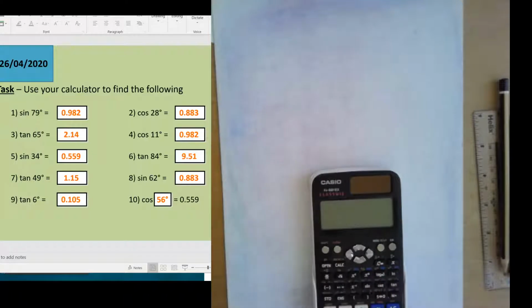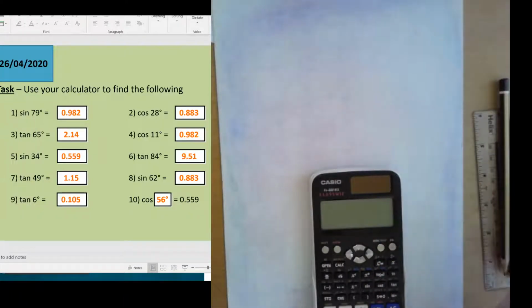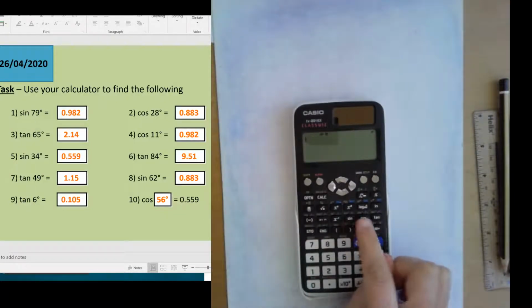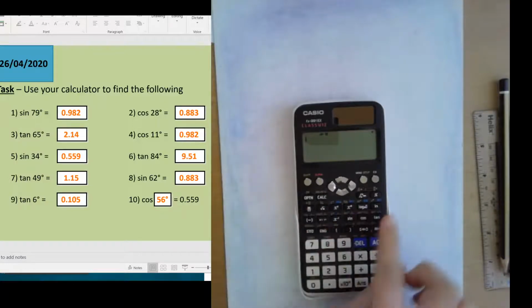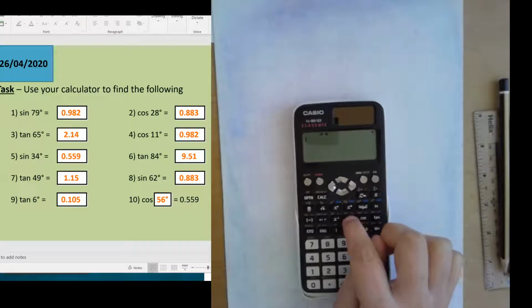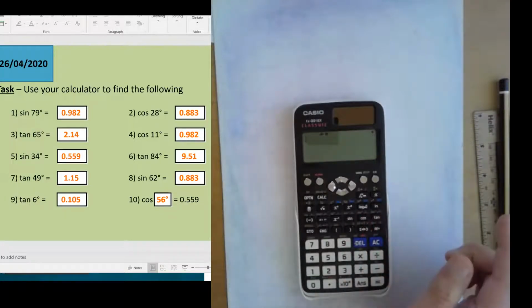Okay, so in regards to those answers, that is what you should have gotten, whether you did 3 significant figures, 2 decimal places, or anything else. Just make sure it's appropriate. This last one right here was a little bit tricky, but all you needed to do, if you see the sine, the cosine, and the tangent buttons, you should also notice just above them, because you should be aware there's more writing on your calculator than just on the buttons, you have a sine -1, a cos -1, and a tangent -1.